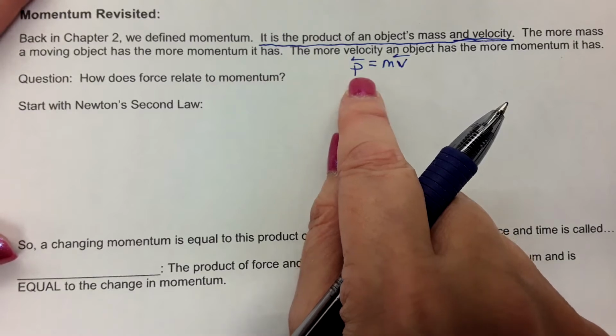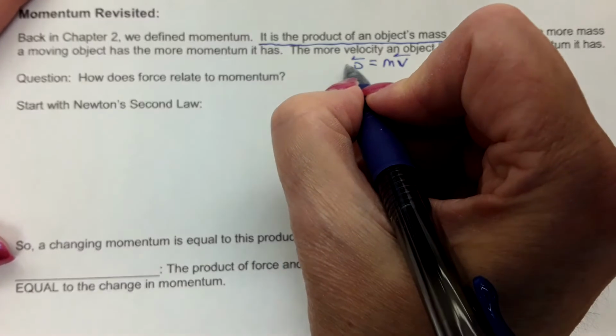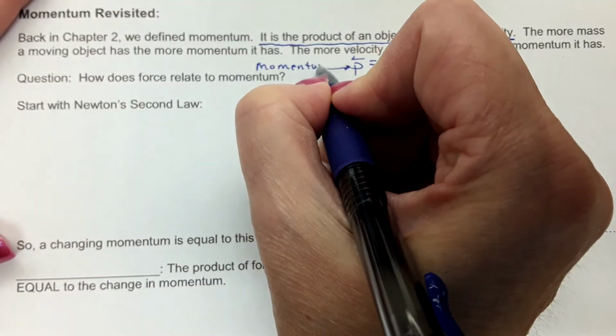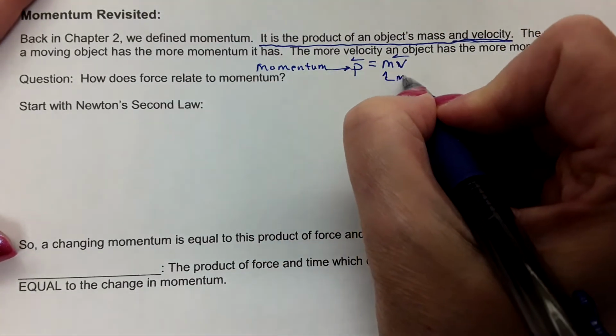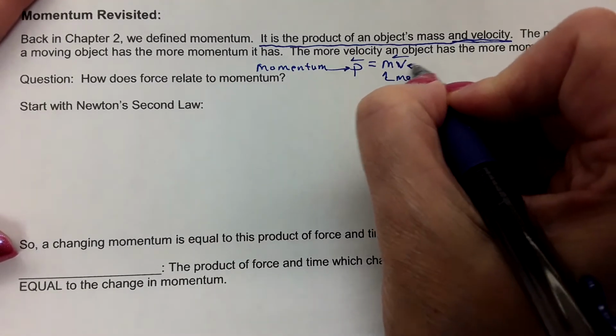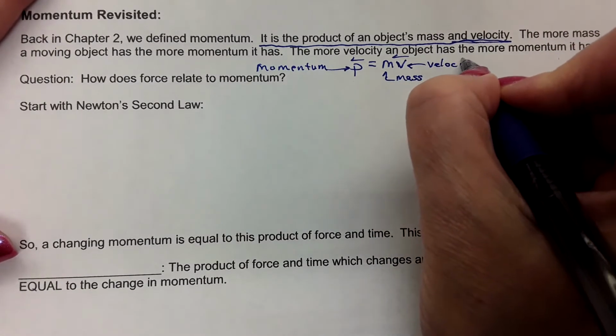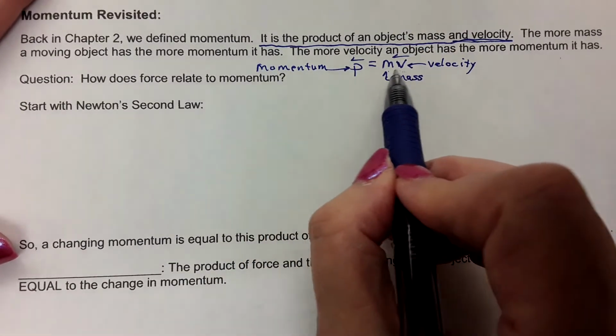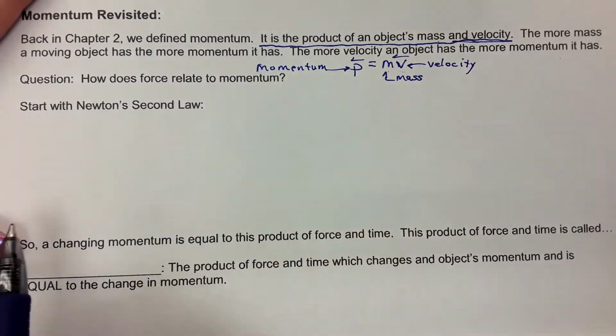But momentum is a lowercase p, all right? Remember that? Momentum. And here's mass, and the v is velocity, right? Okay. So it's the product or multiplication of an object's mass and velocity.